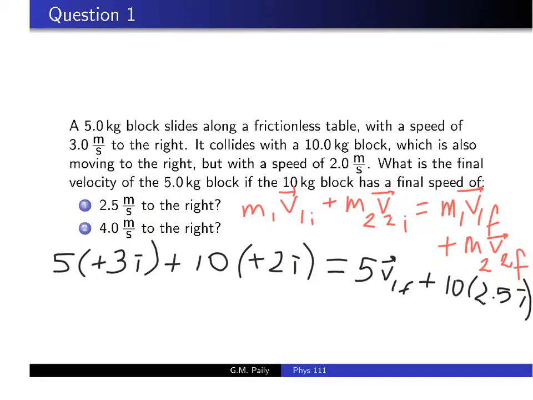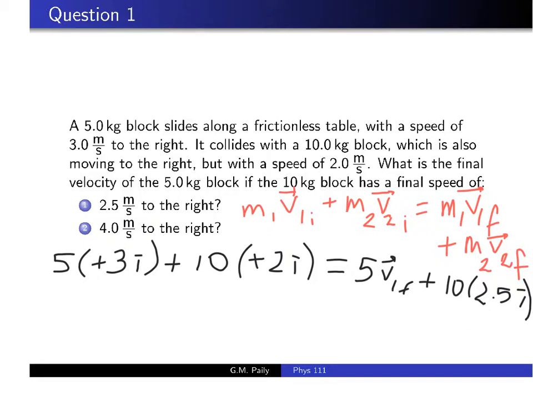Plugging in, we see that for case 1, M1 is 5 kilograms, V1 initial is 3 I hat, M2 is 10 kilograms, V2 initial is 2 I hat, and in this case we don't know what V1 final is, but we know that V2 final is 2.5 meters per second I hat.